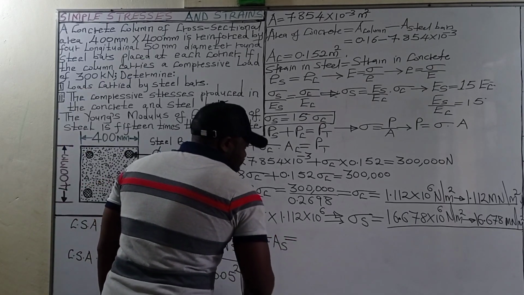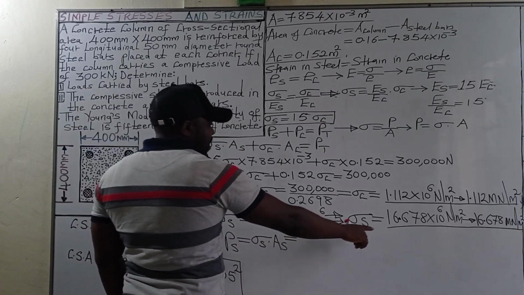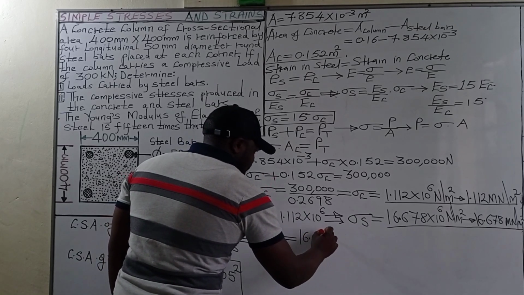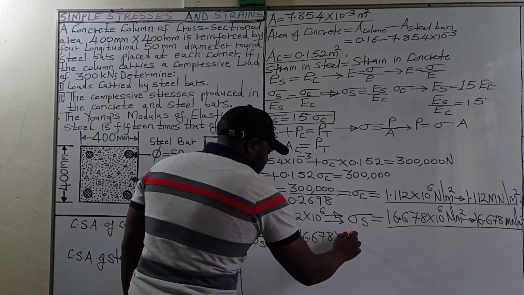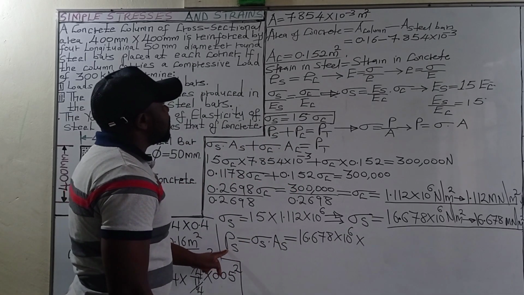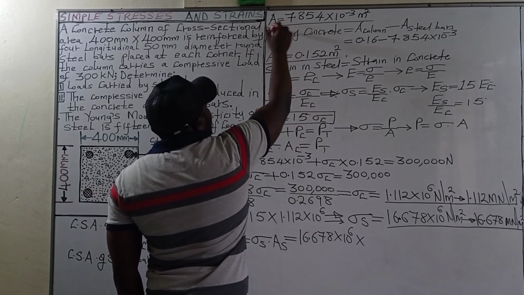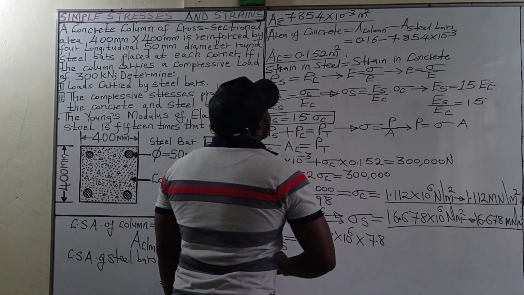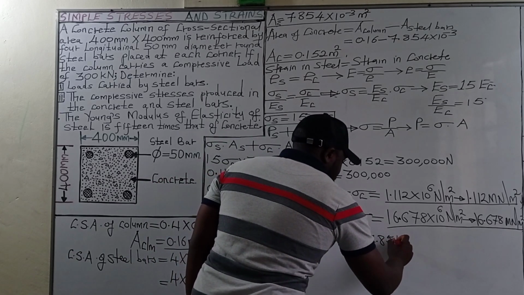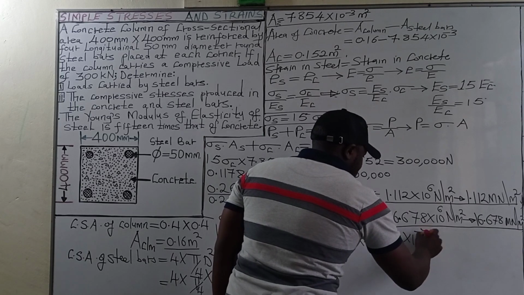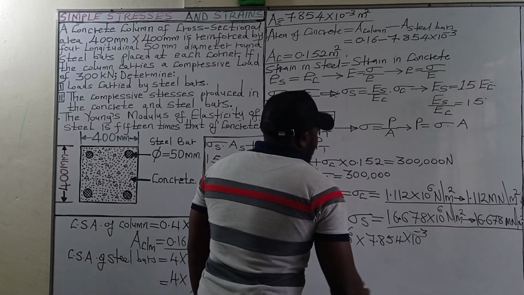The stress in steel is 16.678 times 10 raised to the power of 6 times the cross-sectional area of steel, that is 7.854 times 10 raised to the power of -3 square meter.